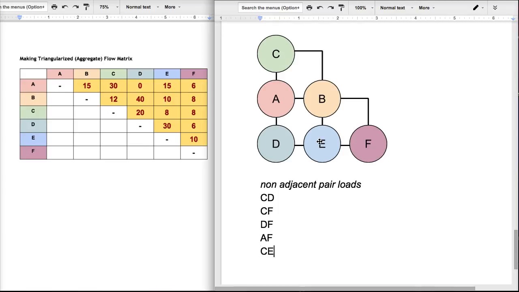So compared to the last layout, we actually have 5 different non-adjacent pairs in this layout. Again, let's pick out the traffic between these non-adjacent pairs. Between C and D is 20. Between C and F is 8.